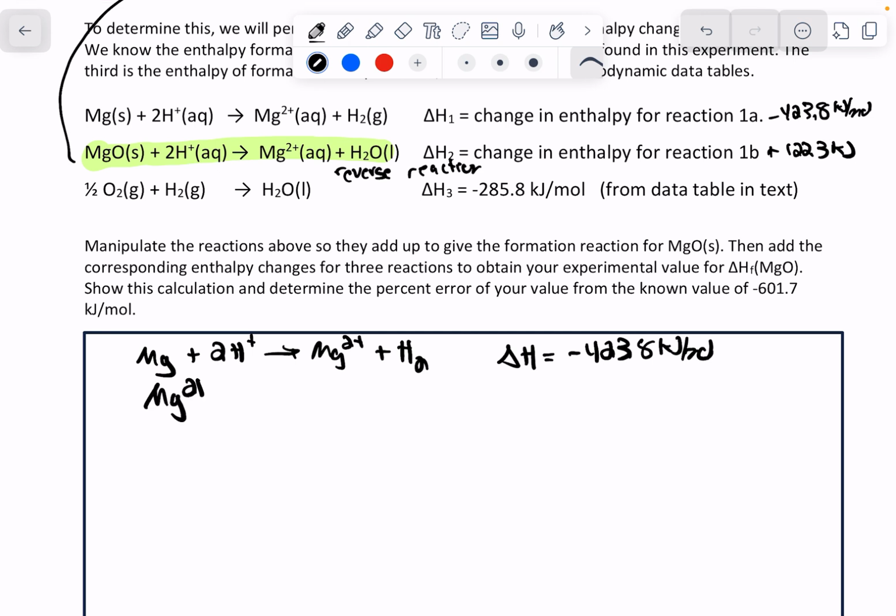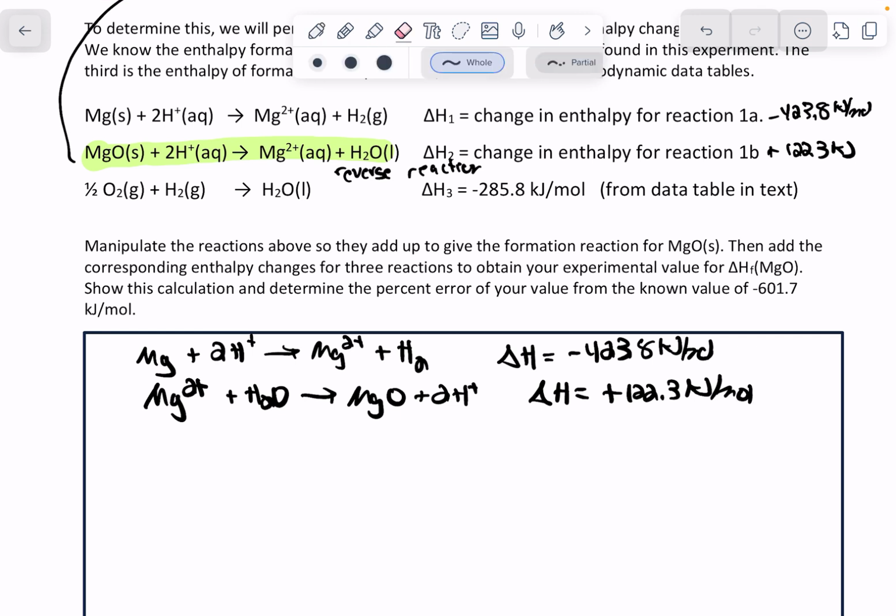I need to reverse the second reaction there, so it's going to be Mg2 plus H2O goes to MgO plus 2H plus. And because I flipped it, it's now positive 122.3 kilojoules per mole. And so in reality, this reaction at the top should actually be a negative, so I'm going to change that. But when we reverse the reaction, it becomes positive.